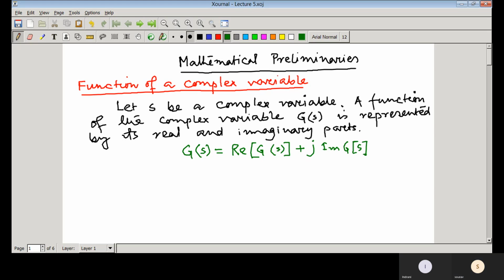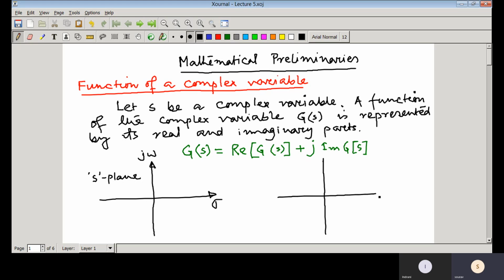Now, if we talk about the mapping through that complex function, how does it look? Suppose this is your complex plane, sigma j omega, that is the s plane. And we have another plane, with the real part of G(s) and here the imaginary part of G(s).